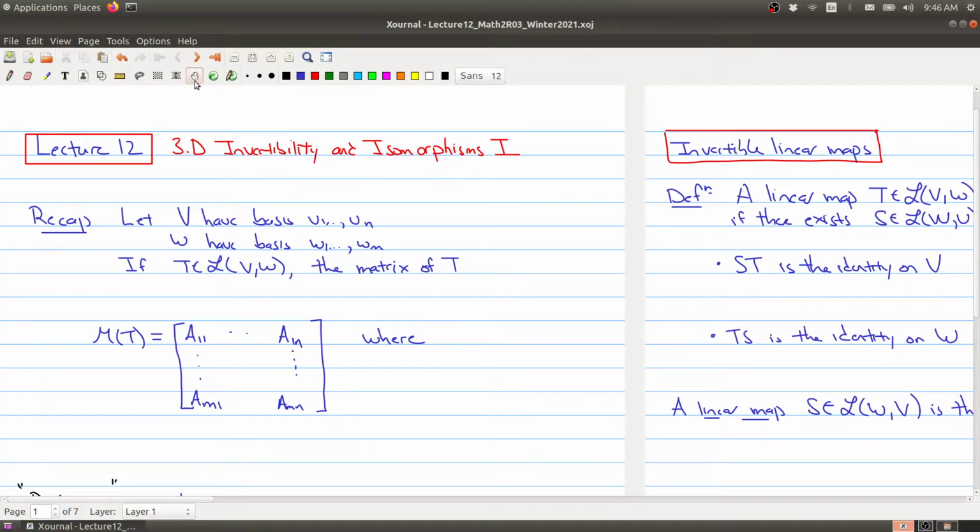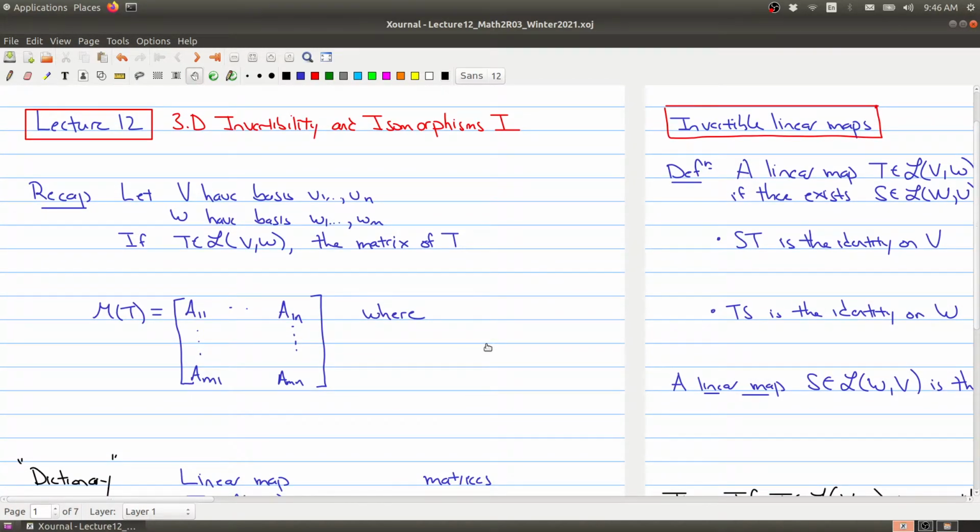So, a recap of where we are from last lecture. In the previous lecture, we learned about the matrix associated to a linear map. Remember the setup: we have a basis V1 through Vn for V and a basis W1 through Wm for a vector space W, and we're looking at a linear map T from V to W. The matrix of this linear map is an m by n matrix where we get information from where we send the kth basis element.